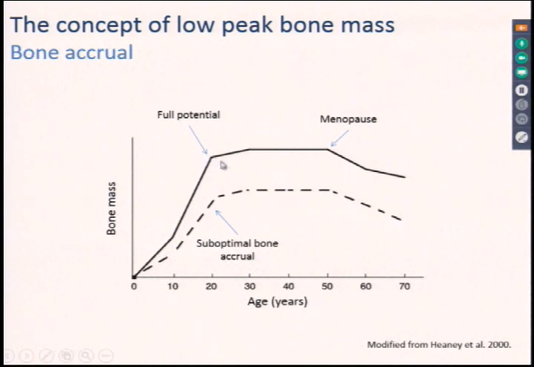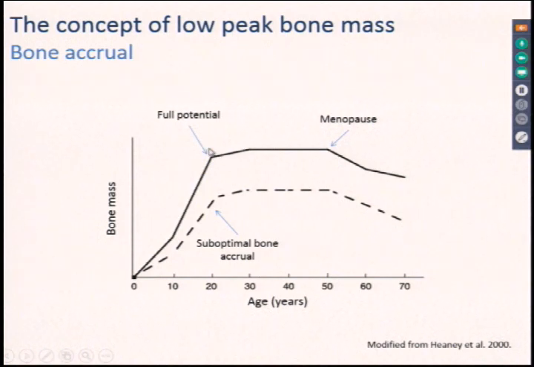So that's all good. And then we keep that bone density for most of our adult life until a woman hits menopause or a man is about 50, 55 years of age. And then our bone density starts declining either as a result of menopause or just as a result of aging after that. Okay? Now, usually we check people's bone density here.